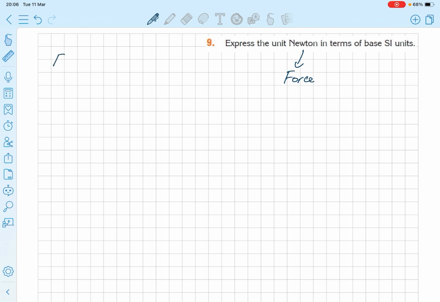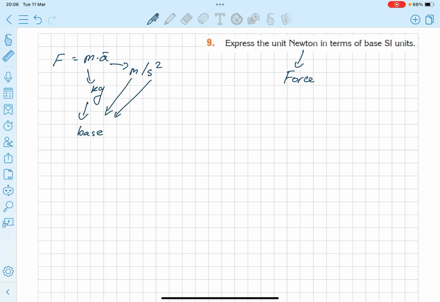That means force is equal to mass times acceleration. Their units: mass is measured in kilograms, acceleration is measured in meters per second squared. Here, kilogram is a base unit, and meters are a base unit as well, and seconds are a base unit.